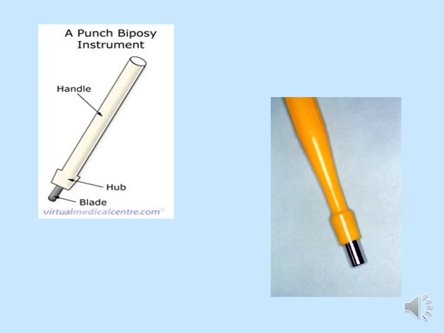So what happens is you push this blade down through the mucosal surface or through the lesion, and then the piece of tissue gets collected in the blade, and this is used for histopathological diagnosis, right? So we will discuss each biopsy procedure in this lecture.